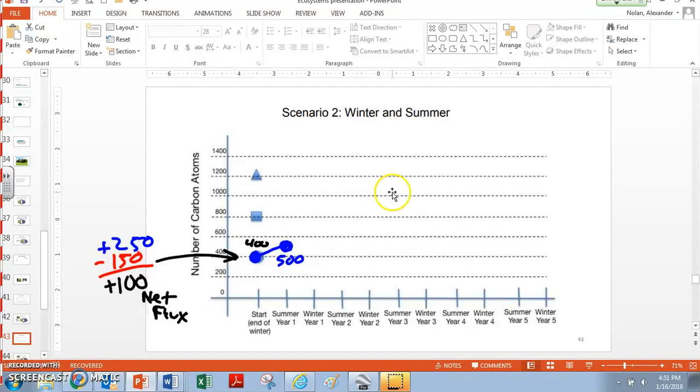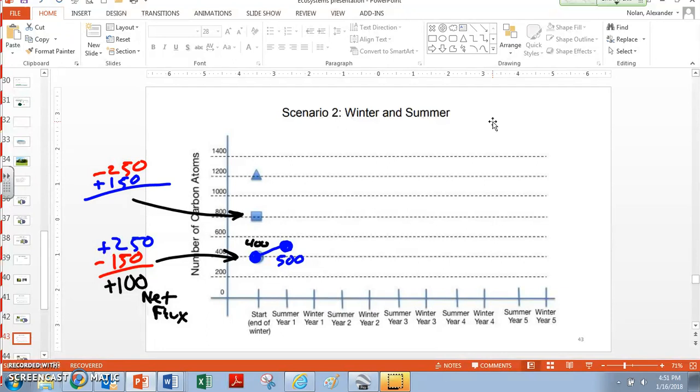So let's think about our inorganic carbon. Your inorganic carbon has a different situation going on. It's starting at a much higher number. It's starting at 800. However, the fluxes are flip-flopped. So let's see how that affects our inorganic carbon. In that example, you were losing 250 pounds of carbon, and you were gaining 150.